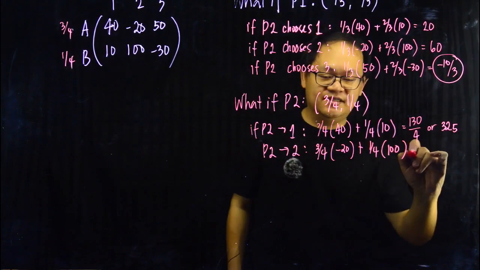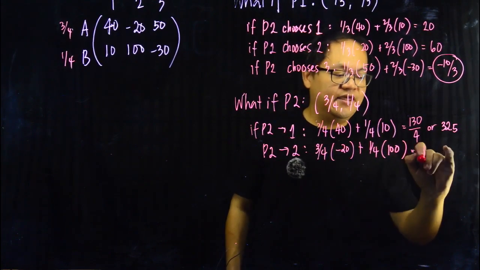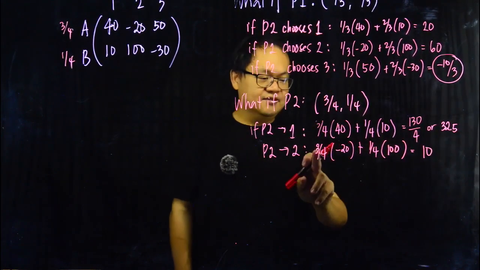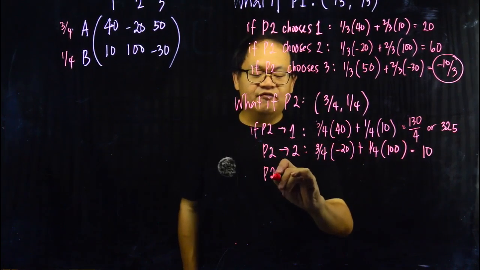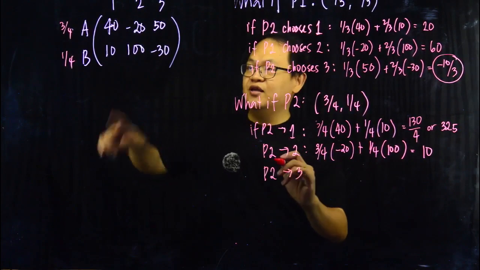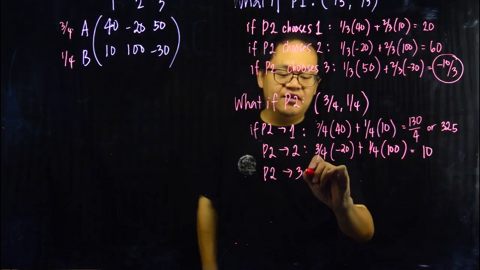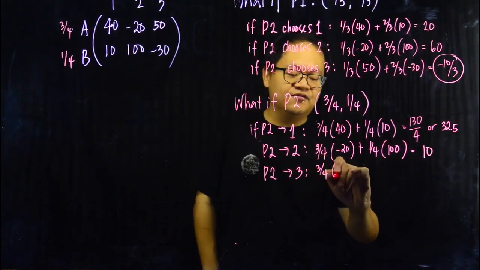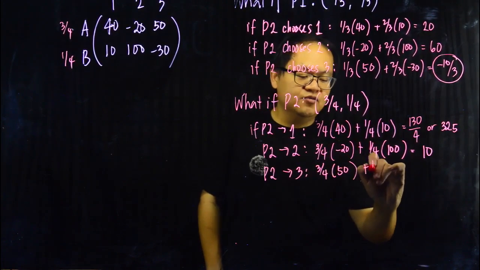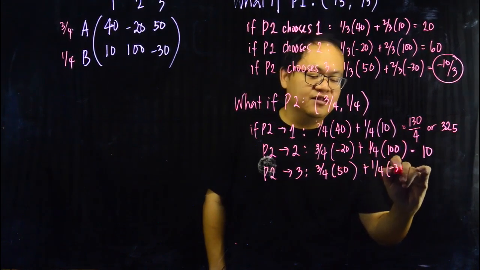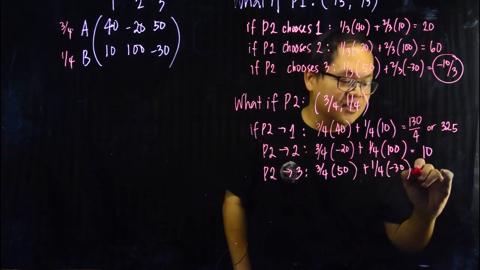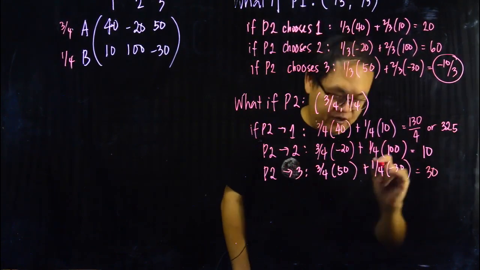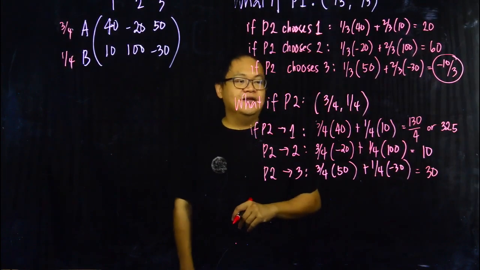That's -60 plus 100, that's 40 over 4, which gives us 10. And finally, if player 2 chooses 3, we have 50 and -30. So that's 3/4 times 50 plus 1/4 times -30. That's 150 minus 30, 120. That gives you 30. Okay?